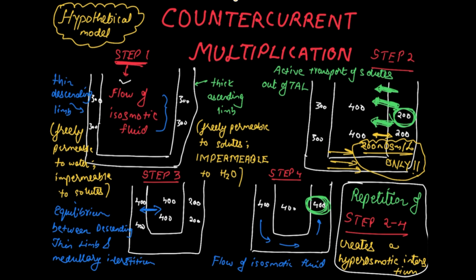So the maximum concentration it can reach is 1200 milliosmoles per liter, and that is it. And this enables ADH to reabsorb water and form a concentrated urine.